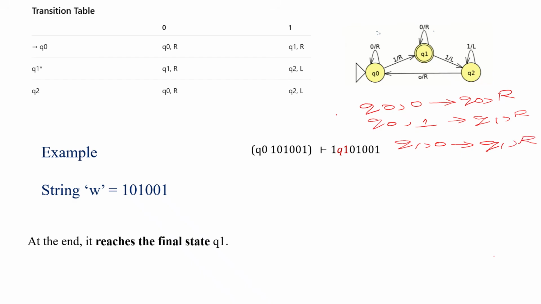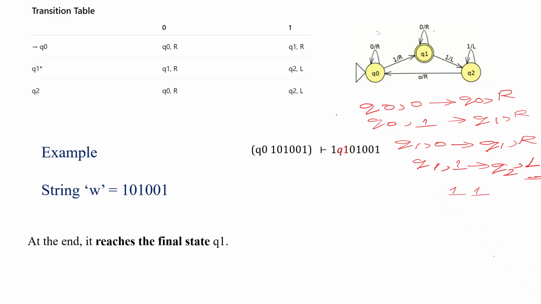When Q1 reads 1, there is a change of state: Q1 changes to Q2, the next state, but the direction here is L. When Q1 sees 1, the next state is Q2 with direction L, which means it has encountered two ones.